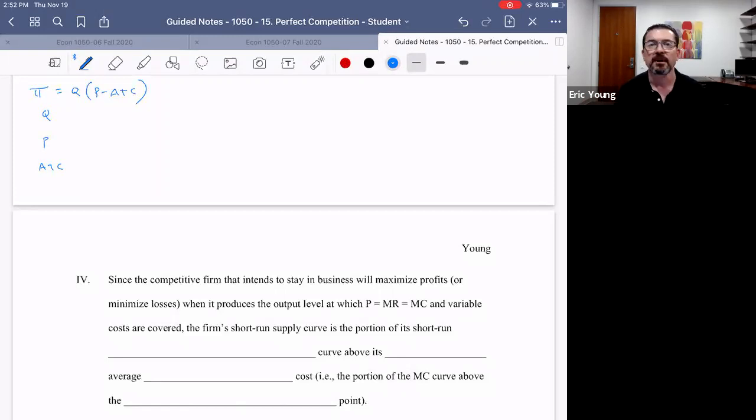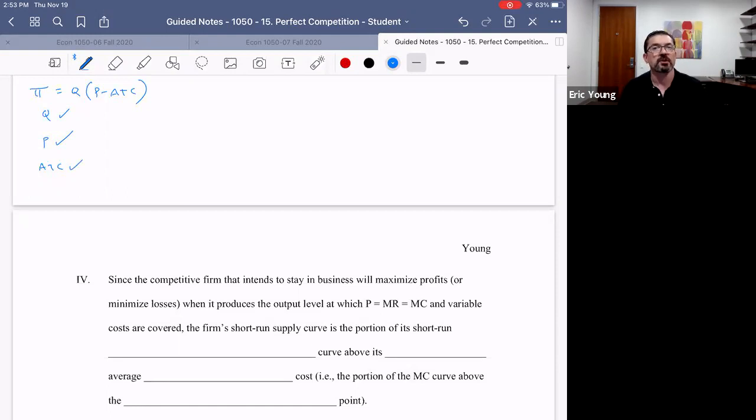With any graph you're given when it comes to profit max, step one, find MR equals MC, drop a dotted line straight down, that gives you Q. Done. Step two, take that dotted Q line up to the demand curve and go left to find P. Step three, take that same dotted Q line to the ATC curve, go to the left to find ATC.